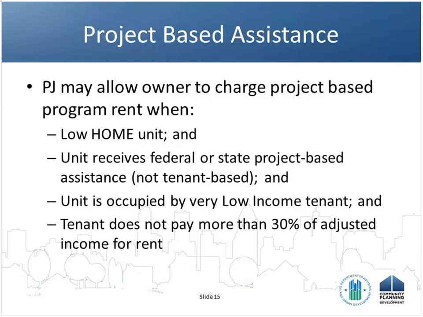Let's say, for example, my low HOME rent is $600 a month, and my project-based assistance contract allows that unit to charge up to $700 a month. If we meet this criteria, so a low HOME unit with project-based subsidy, and we've got a household at 50% or below who is not paying more than 30%, it allows the property to actually charge that higher rent because it has no impact on the tenant.